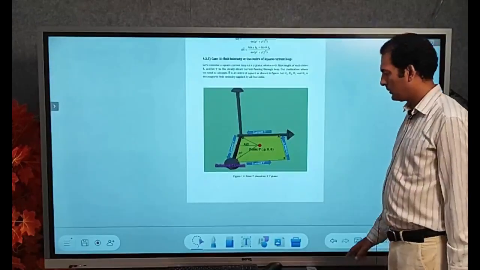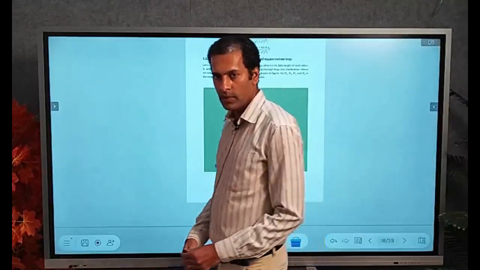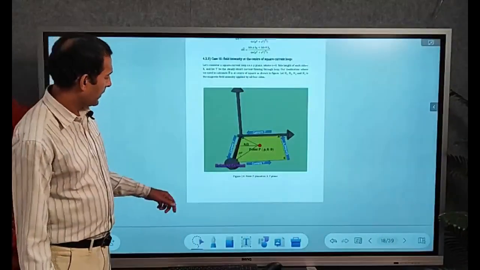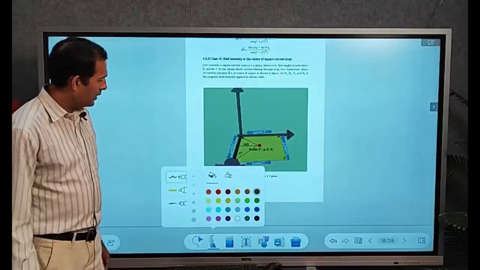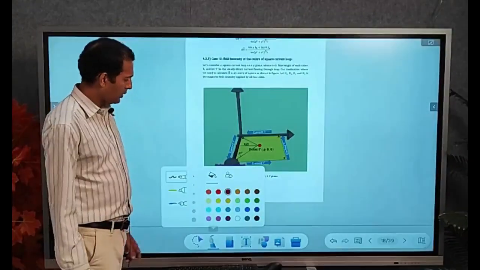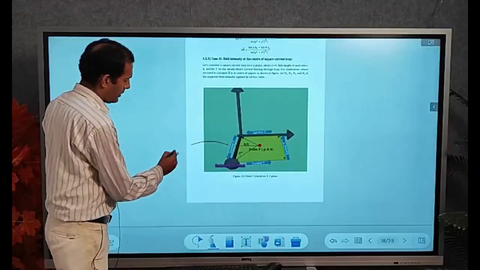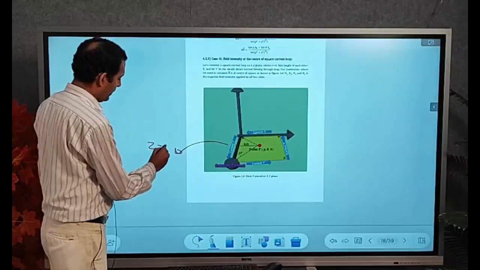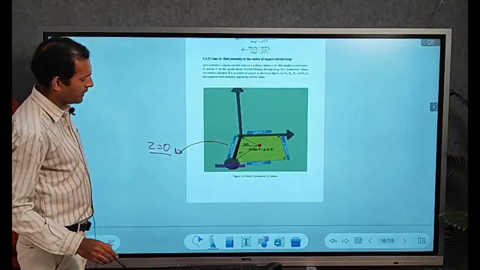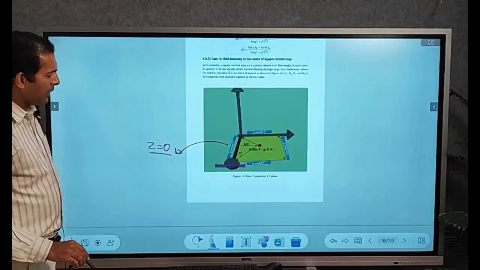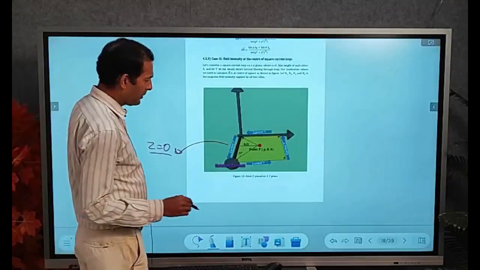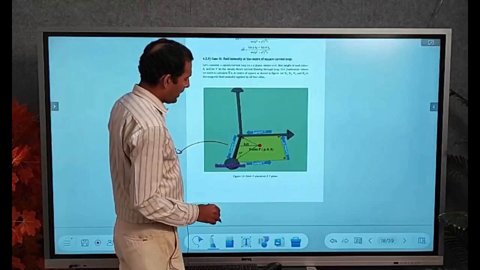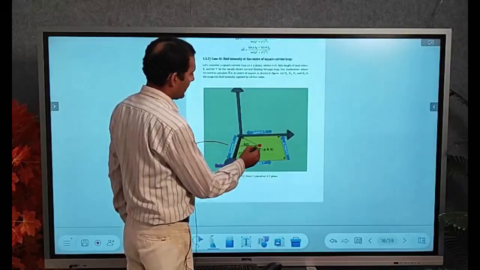So this is our setup here. Now in this setup we will consider one square sheet which is present on the z equal to 0 plane, and this complete sheet is applying some magnetic field intensity.